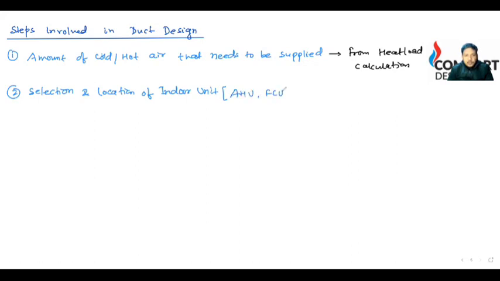It can be your FCU, that is basically fan coil unit. Then it can be your ductable split AC, which we have discussed in classification of air conditioning. Then we have the option of package AC, that we call a rooftop unit. So these are the options that we can have.